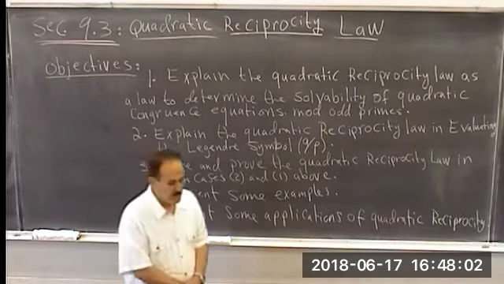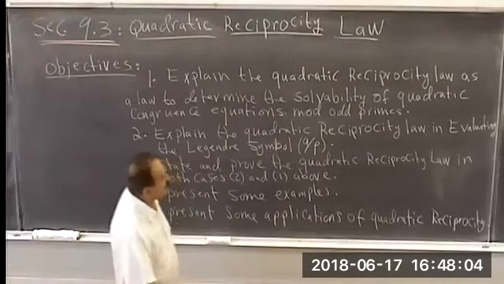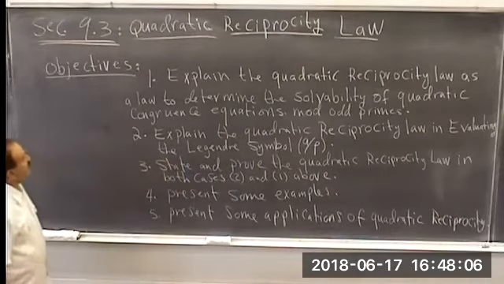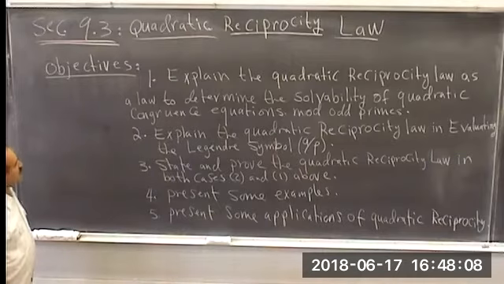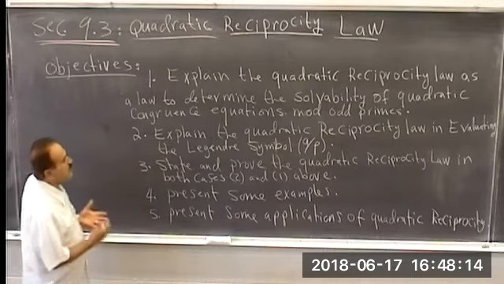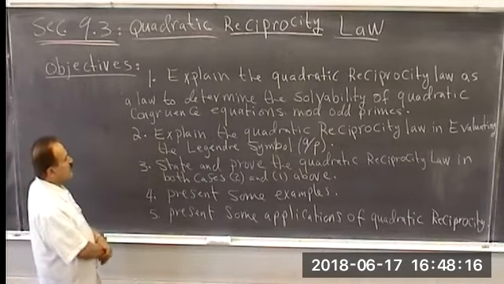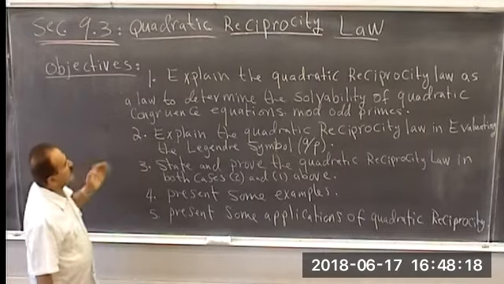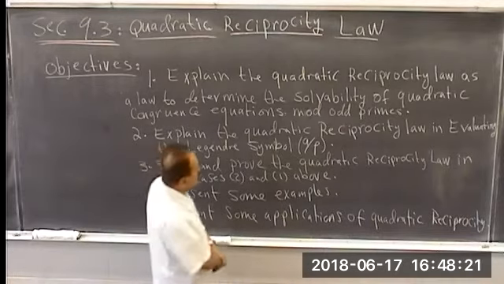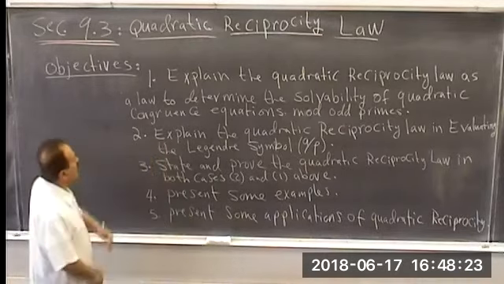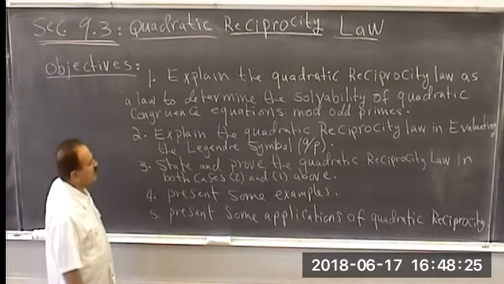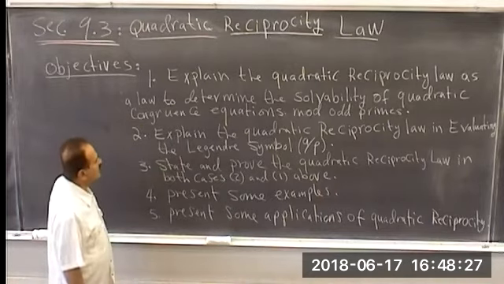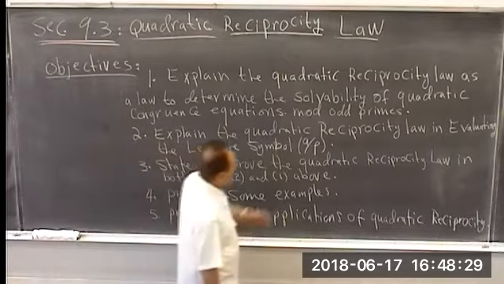So the objectives of this section and this lecture: we're going to start with two ways of looking at the quadratic reciprocity. One, we're going to explain how the quadratic reciprocity law determines the solvability of a quadratic congruence equation mod p, a prime.